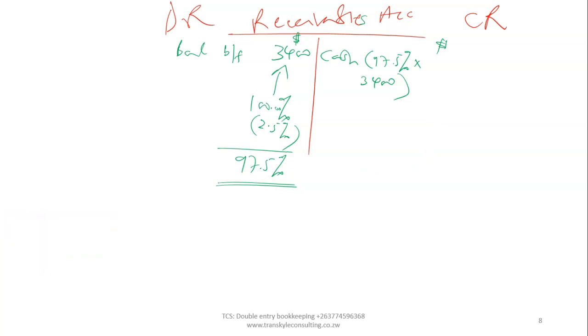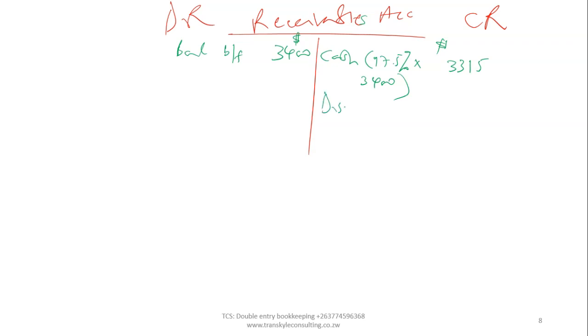So let us just erase this just for illustration purposes. Okay, going ahead. So how much did they pay? 97.5% of 3,400. We get 3,350. Okay. Now we are also told that this guy allowed a discount.